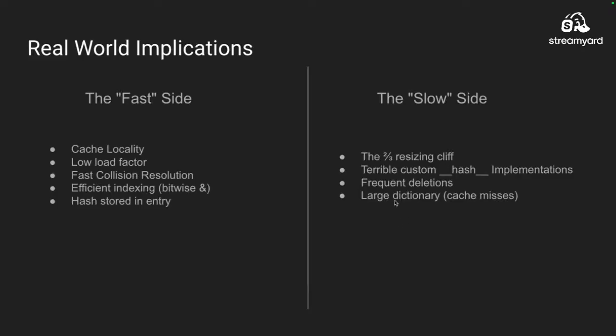Another reason is large dictionaries. Since the major reason for being fast is the cache locality, once the dictionary becomes too large, it can become difficult to store the dictionary in cache. So due to that, the Python dictionary can slow down.